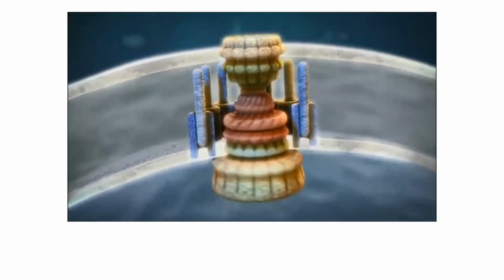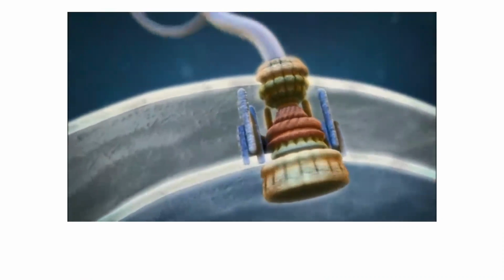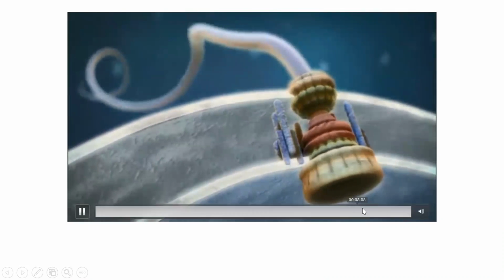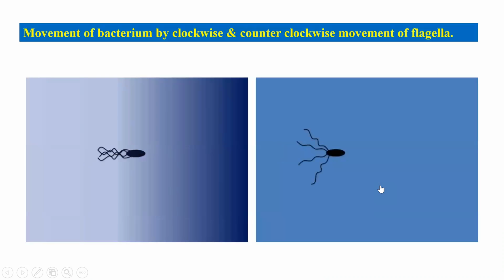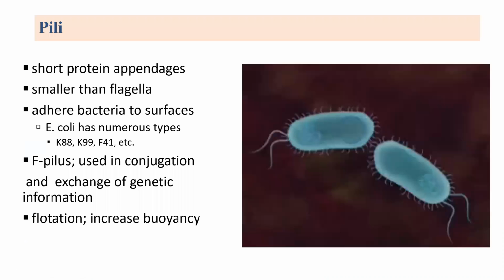So here we can see how the stator and rotors are moving and the flagellum is moving. The movement of bacterium is accomplished by the clockwise and counterclockwise movement of the flagellum. Here we can see how the bacterium is moving.